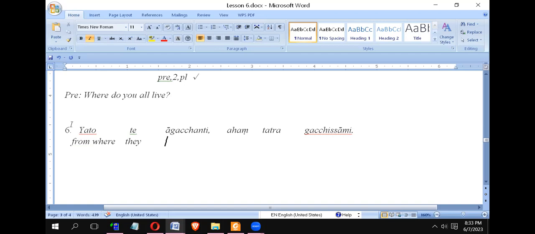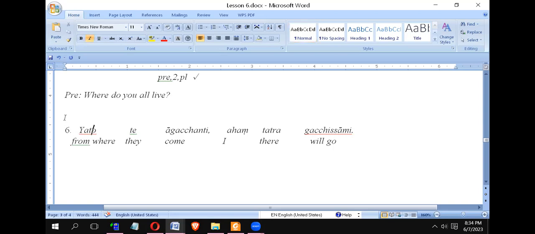Agachanti is, where did they come from? Come. Aham, I. Tatra means there. Then go. Future tense. Will go. Okay.